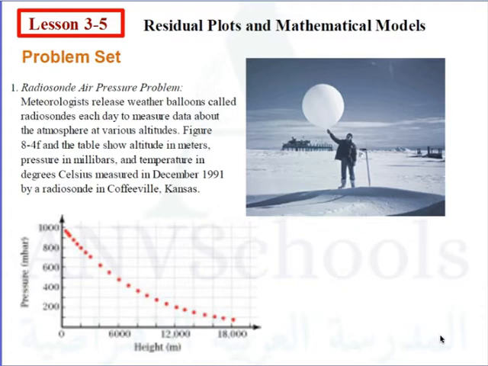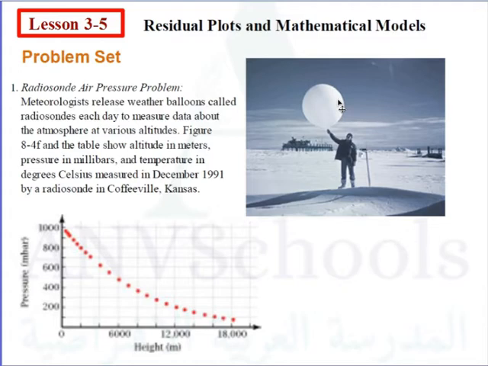This is about a radiosonde air pressure problem. So we're still on residual plots and mathematical models. Meteorologists release weather balloons, such as the one you see here, called radiosondes each day to measure data about the atmosphere at various altitudes.